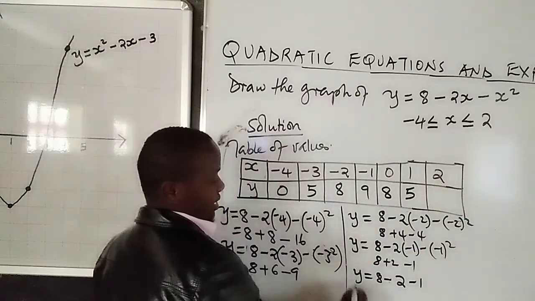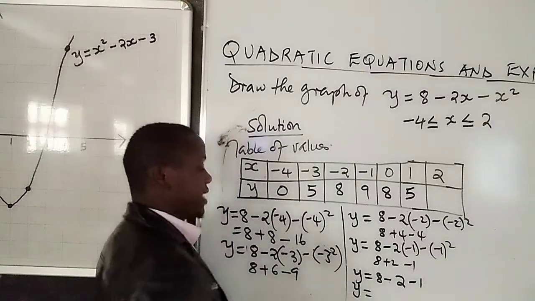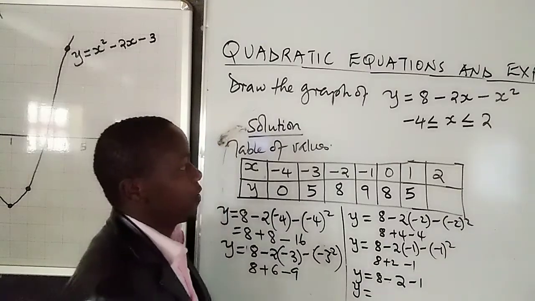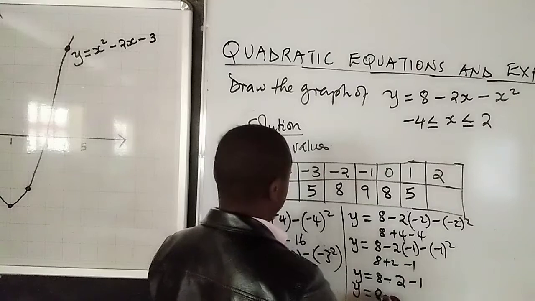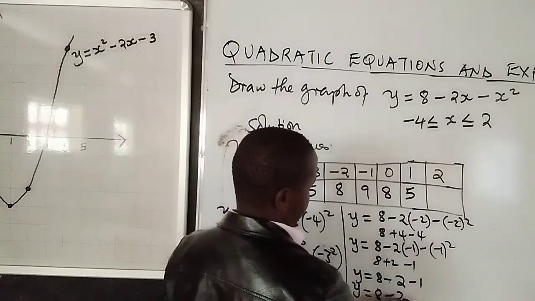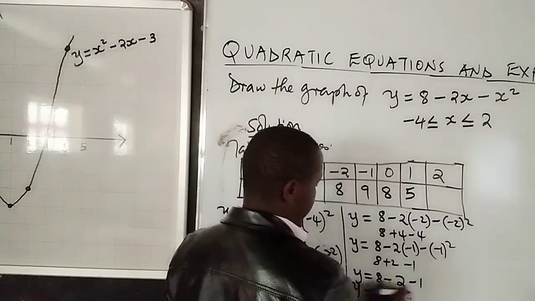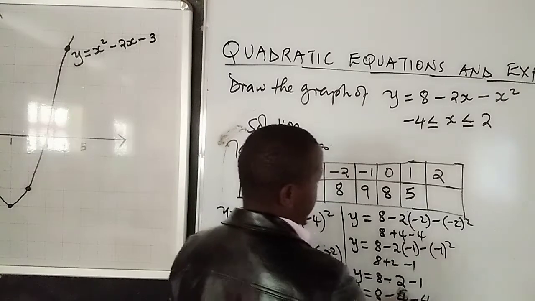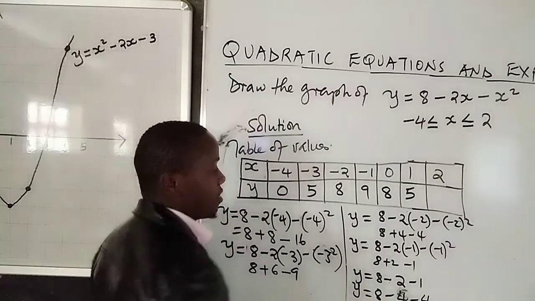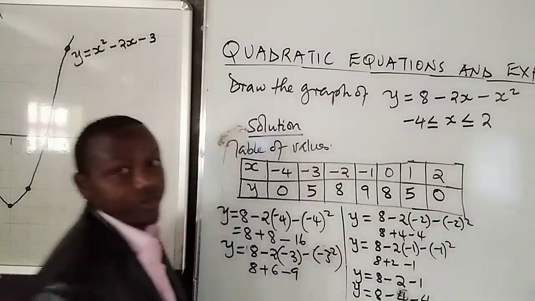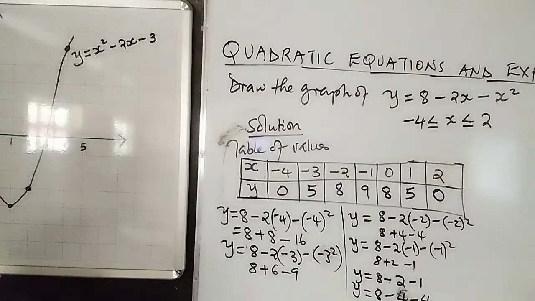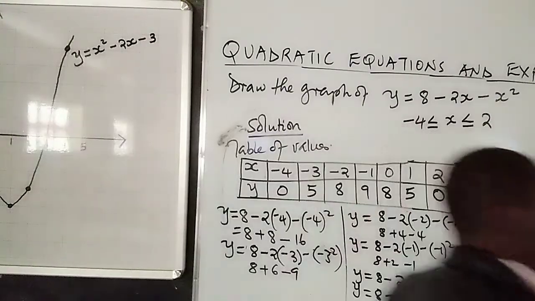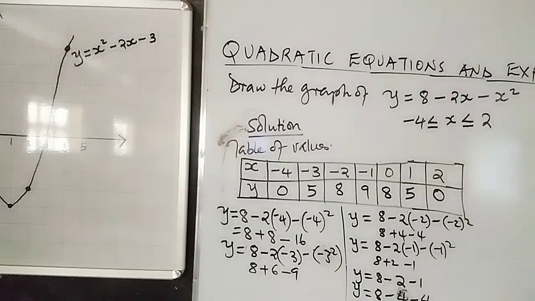When x is 2, we shall have 8 minus 2 into 2, which is a 4, then minus 2 squared, which is a 4. So 8 minus 4 minus 4, it becomes a 0. So that is the desired table of values. Let me now bring them in the Cartesian plane.